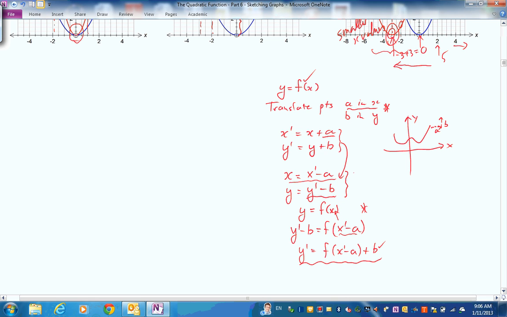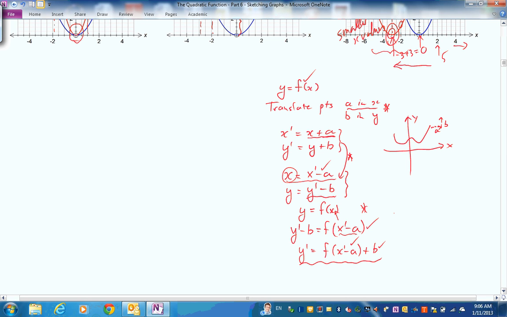Let's have a look. Back up here. It's going from here to here. You're moving it plus a, but when you rearrange to get the old x in terms of the new one, you move the a across the other side. It's x prime take a. Okay, and that journeys right through to stay in the function there as the opposite sign.